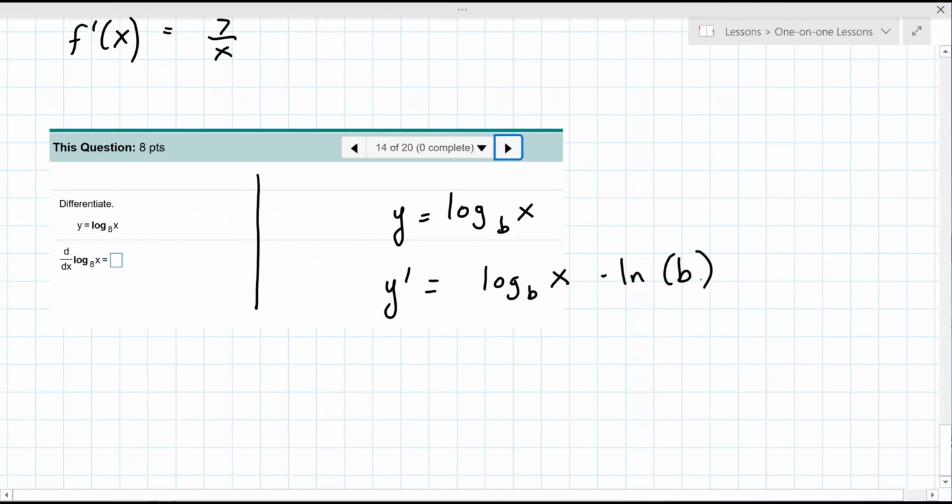So in this case, the derivative of this thing is log base 8 of x times the natural log of 8.